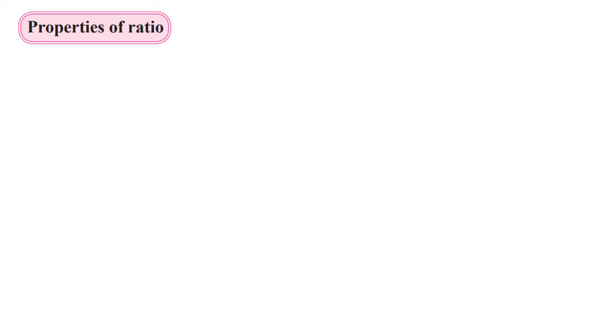So to understand those solved examples, now here we will first see properties of the ratios. All of you please note down these properties in your notebook. They will help you better.